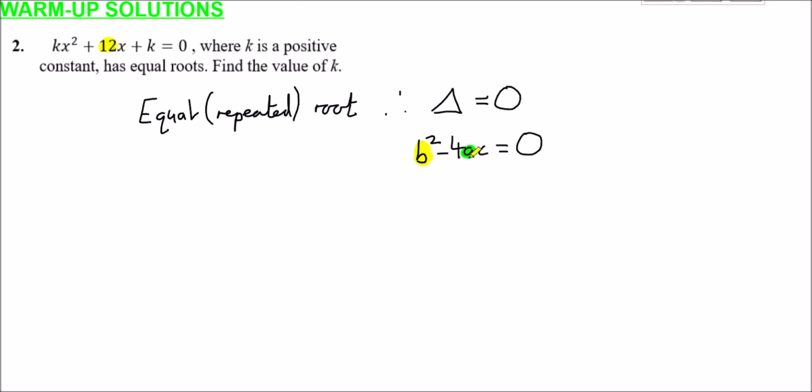Our a is the coefficient of the x squared, which is k, and our c is the constant term at the end, which again is k. So we can just fill these values in. So b squared means 12 squared, and minus 4 times a times c means minus 4 times k times k. So I may as well colour code this in just because I feel in a colourful mood, as it were.